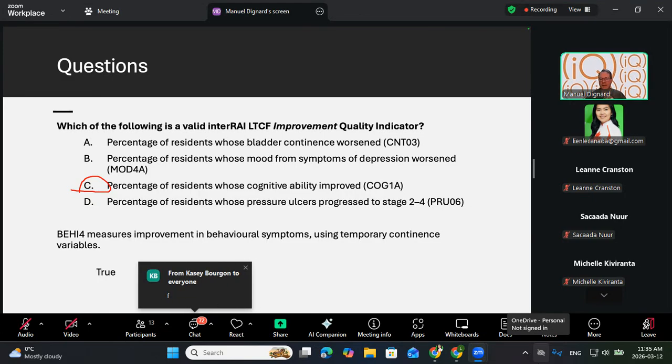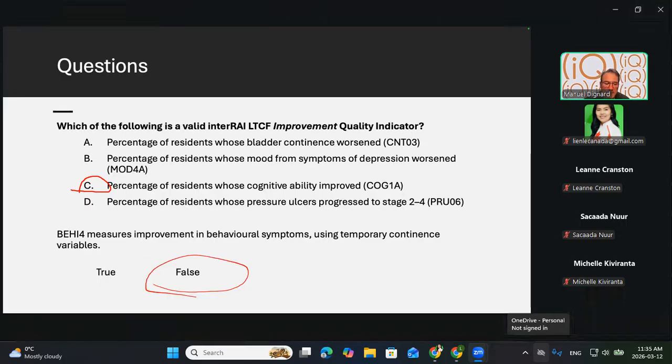And BEH is a behavior. It uses temporary variables, just not the continence ones, right? So this is false. A little bit of a trick question. So these are the type of questions we're going to see on the exam. And I will talk about the exam at the end of today. So we don't have to worry about that.